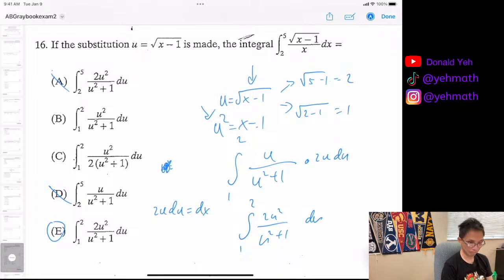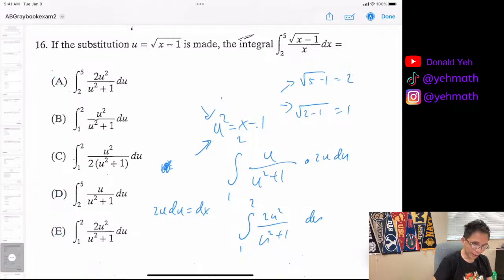That's why I find a du from here rather than on the top. And this is how the AP exam will write it. They didn't ask you to find anything. They just want to see if you know how to convert everything into u. So you have to learn how to integrate in the u world.